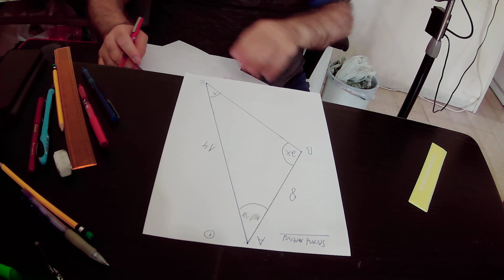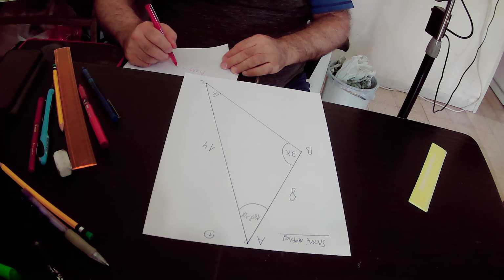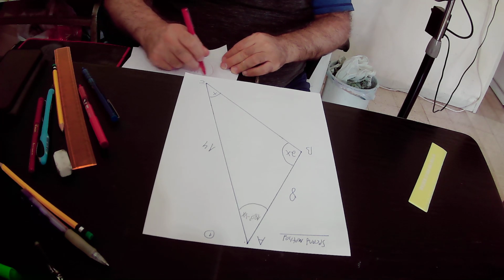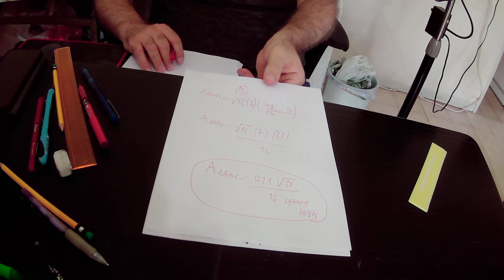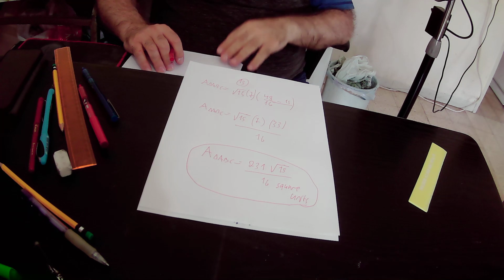So the final answer is that the area of triangle ABC equals 231 times root 15 over 16 square units. Again, the final answer to the question is that the area of triangle ABC equals 231 times root 15 over 16 square units.